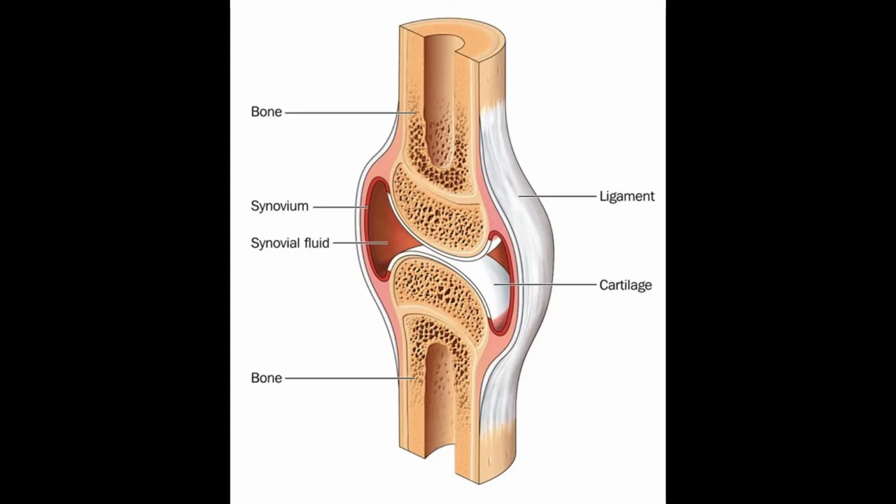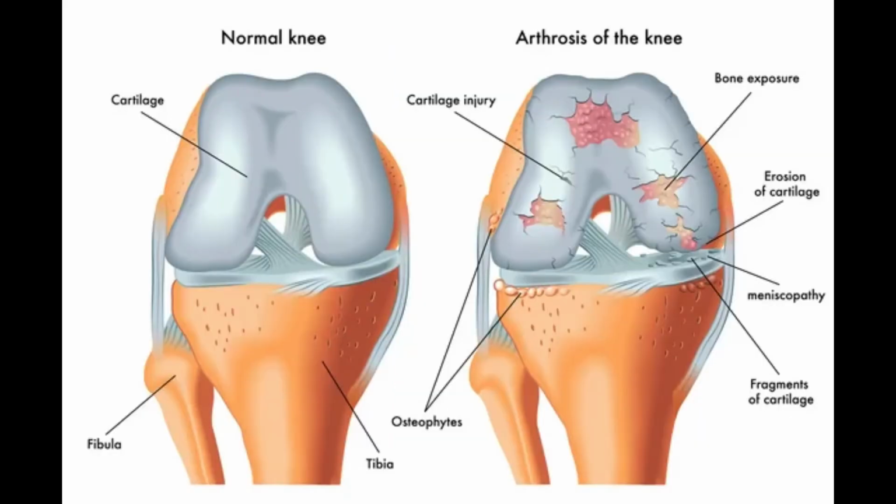This cartilage is smooth, it's slippery, it's porous, and it's malleable. It has no nerves, no blood vessels, but is found wherever bones come together at synovial or freely movable joints. It allows the bones to move against each other easily without friction.